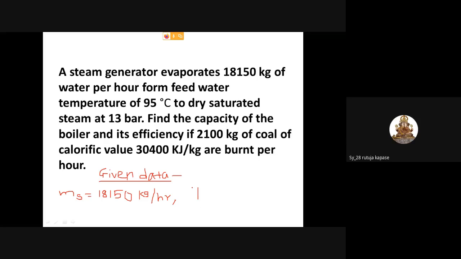Temperature of feed water, Tw is equal to 95 degrees Celsius. Correct. Then another thing they have given, steam pressure. So pressure of steam is 13 bar.